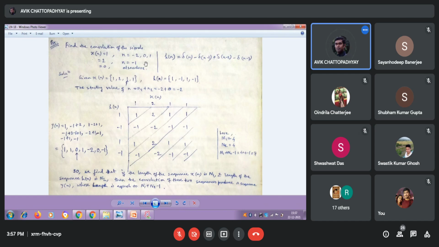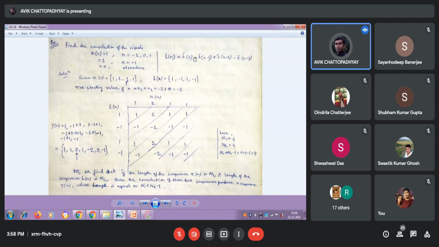And when n is -2, it is 1. And elsewhere it is 0, that means for other values of negative and positive n there are no non-zero values, so I don't need to consider them. You just ignore it. So this signal x[n] is effectively a time limited, finite length sequence. The length is of course 4.